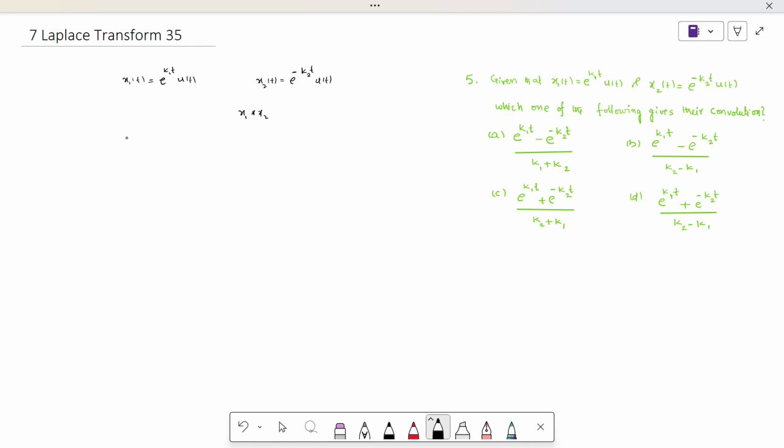In the frequency domain, in the S domain, that equals X1 into X2. So the Laplace transform is 1 by s minus k1 into 1 by s plus k2.